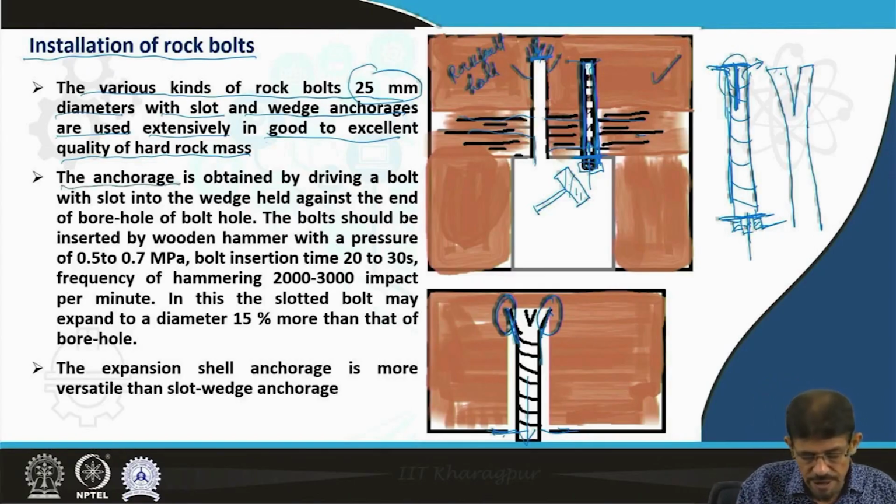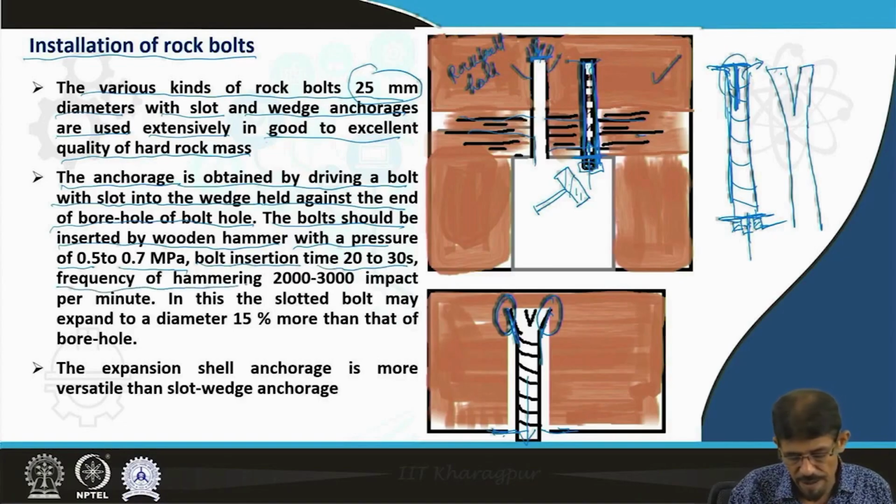The anchorage is obtained by driving a bolt with a slot into the wedge held against the end of the borehole of the bolt hole, and the bolt should be inserted by wooden hammer with a pressure of 0.5 to 0.7 MPa. Bolt insertion time is 20 to 30 seconds.